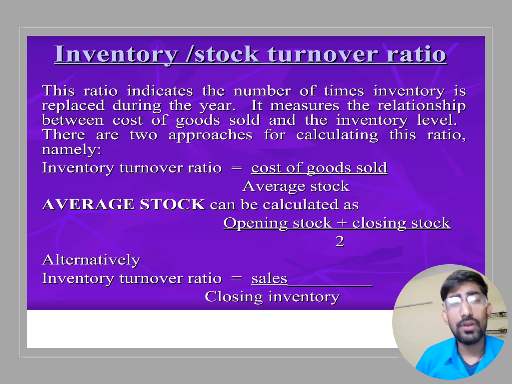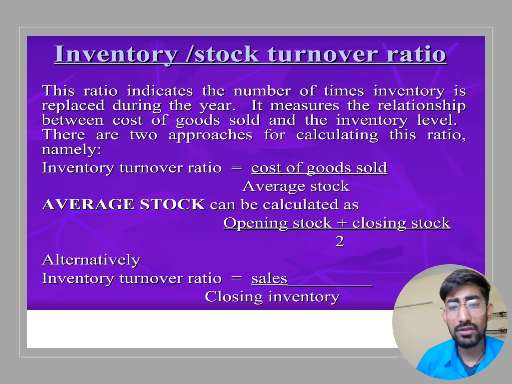Correct. So this ratio indicates the number of times inventory is replaced during the year. Okay, it measures the relationship between cost of goods sold and the inventory level. There are two approaches for calculating this ratio. The first approach says that inventory turnover ratio is equal to cost of goods sold divided by average stock.